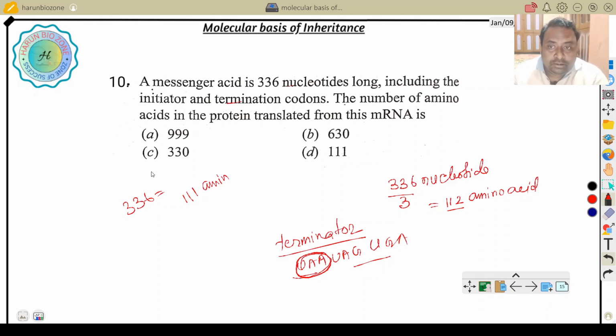So 336 minus 3 means 333; only 333 nucleotides produce 111 amino acids, and the remaining 3 nucleotides represent one termination or stop codon that does not represent any amino acid. Clear? So here the right option is 1.